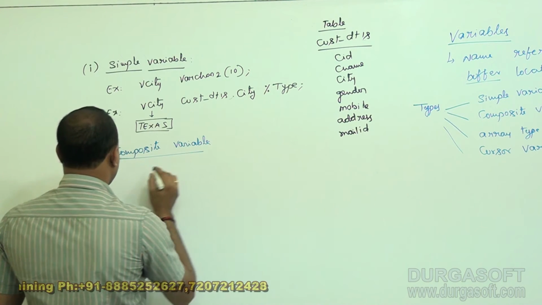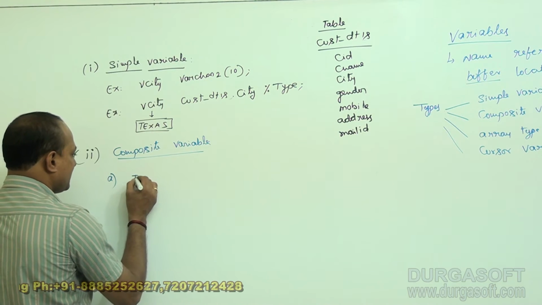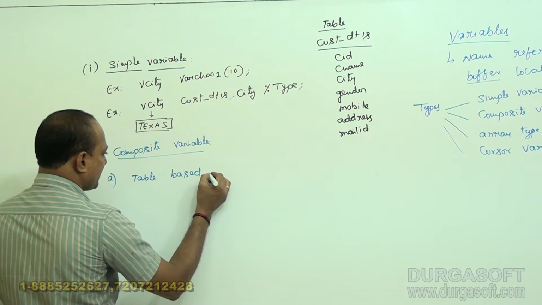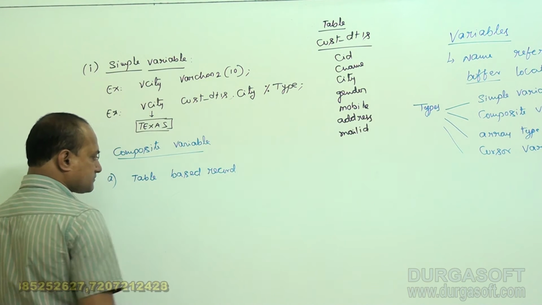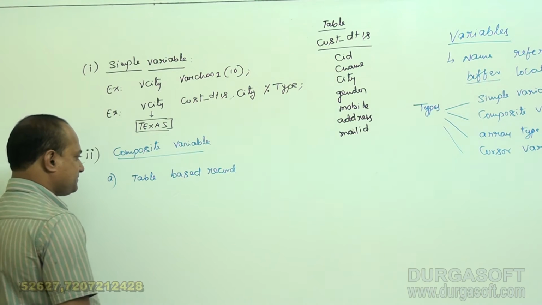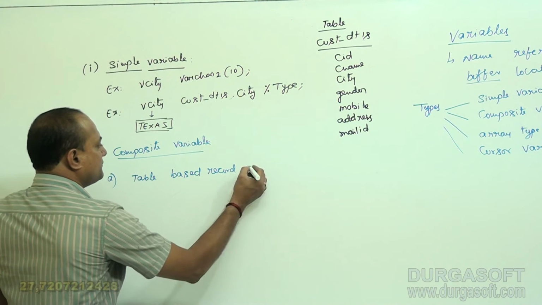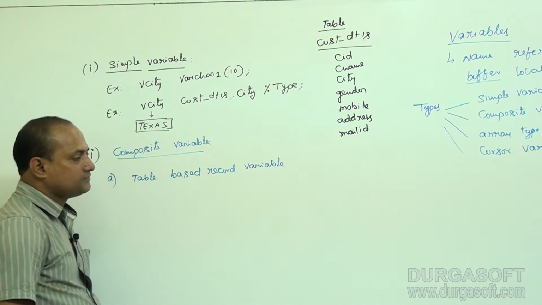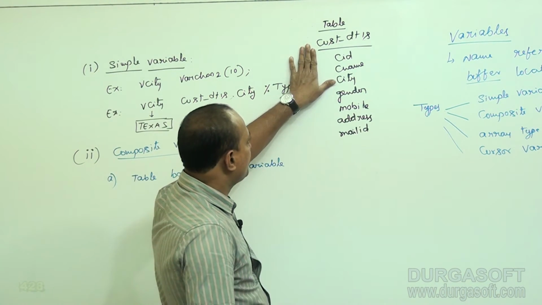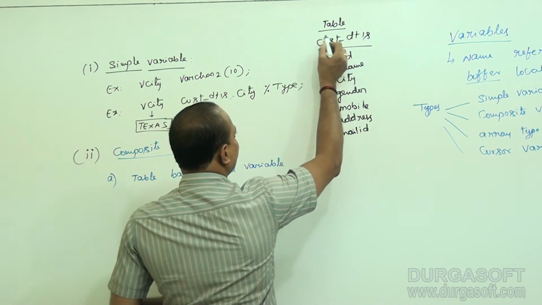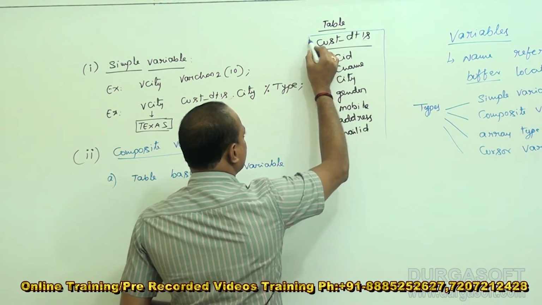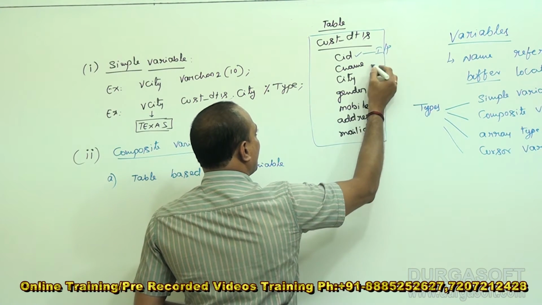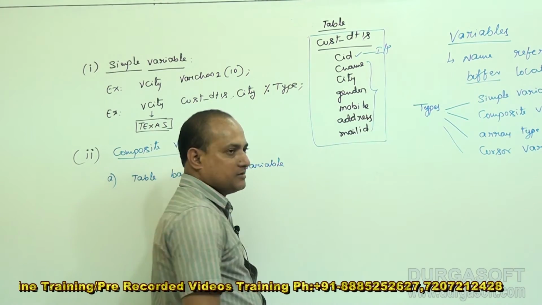Table based record. What is meant by a table based record variable? Coming to this table, if you want to get this information, I am submitting customer ID as the input value, and I am expecting output from these columns.